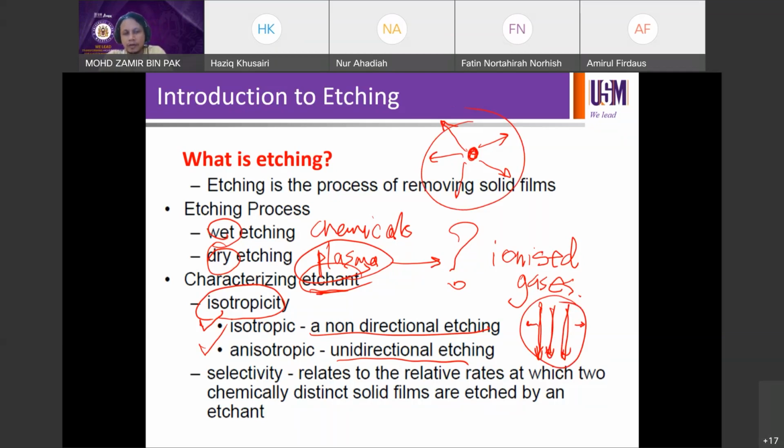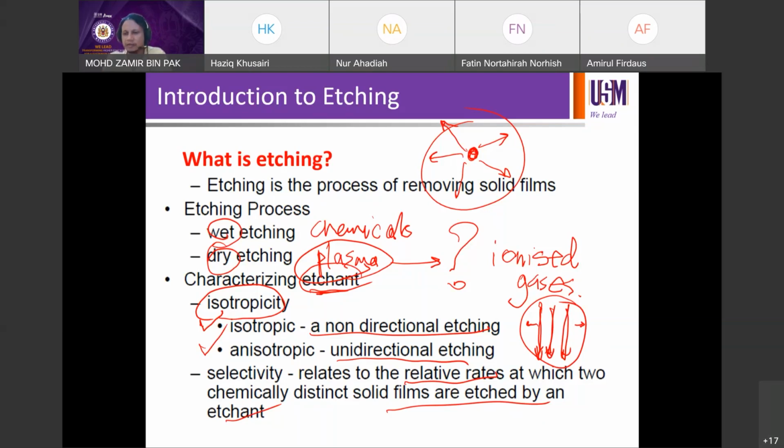Right? So another important parameter is called selectivity, where this relates to the relative rates at which two chemically distinct solid films are etched by an etchant. So dia ada macam ketahanan lah, selectivity ni dia, for example, you want to etch silicon dioxide, and silicon dioxide can only be etched by HF, but it cannot be etched by some other chemicals, for example.